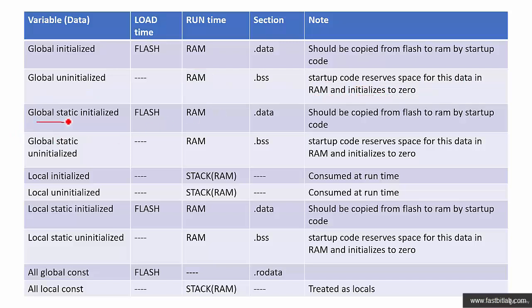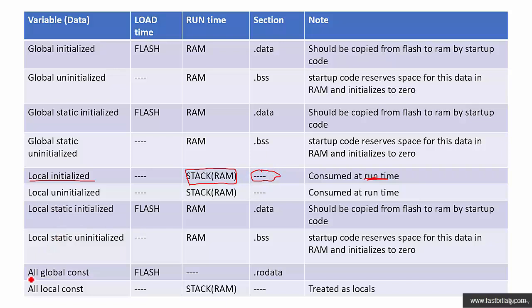After that, global static initialized data again has a load address and a virtual memory address, that is, a runtime address. Local initialized data goes into the stack. It is consumed at runtime actually. It doesn't have any load time or runtime address. It doesn't have any section dedicated to it.